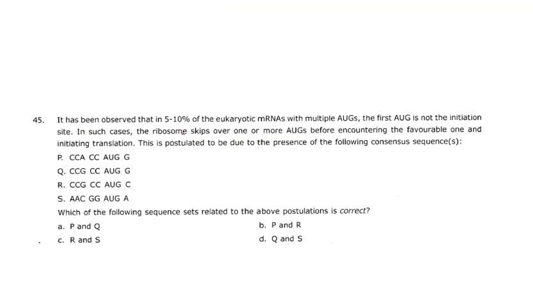Next question: it has been observed that in 5 to 10% of the eukaryotic mRNA with multiple AUGs, the first AUG is not the initiation site. In such cases, the ribosome skips over one or more AUGs before encountering the favorable one and initiating translation.